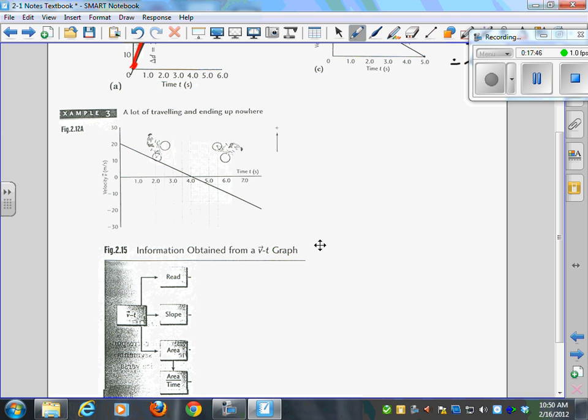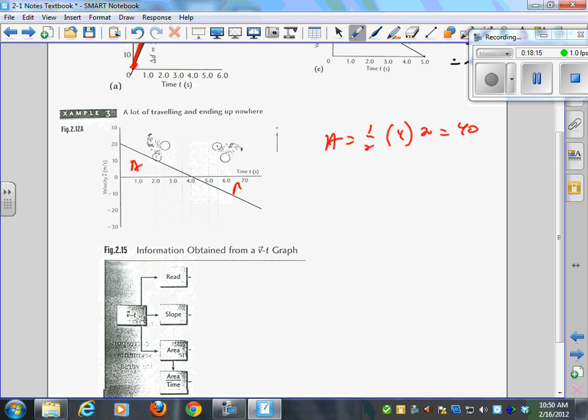Okay, so how do we find the displacement, right? This is a VT graph. How are we finding the displacement? We're going to find the area. So what's the displacement of part A over here? 40. A is going to be 1/2 the base, which is 4, times the height, which is 20. So that's going to be 40, plus 40 because it's above.